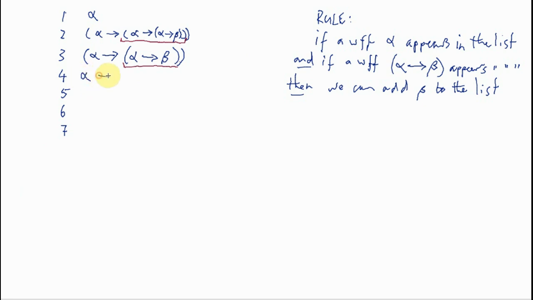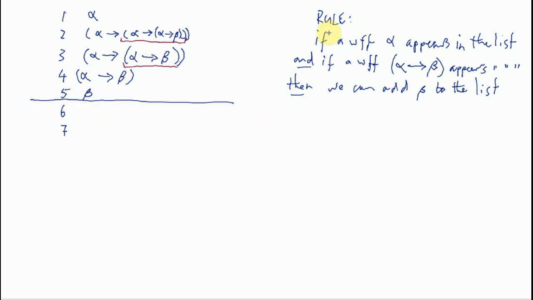Alpha, arrow, beta in parentheses. Now what do we have? Well, we have an alpha and an alpha arrow beta. So what can we write? We can write down, by the license that this rule confers, the beta. And what is the beta? Well, it's simply beta. Can we go any further? Is there anything else? No.